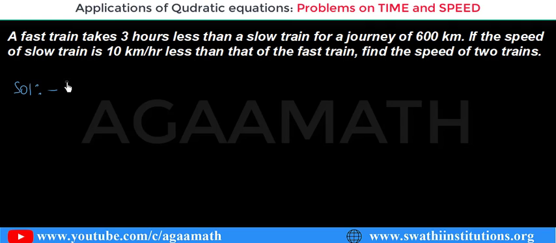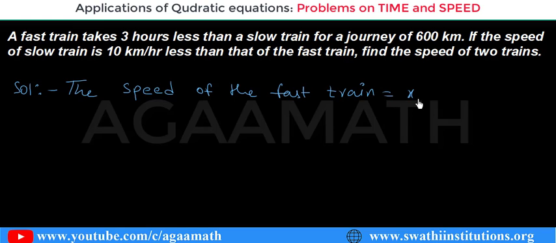So the speed of the fast train equals x kilometers per hour.